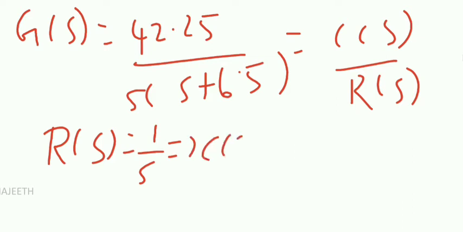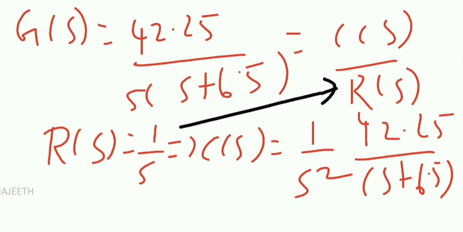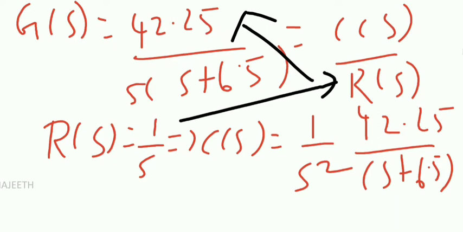I bring R of s to the right hand side and substitute 1 by s, so I get C of s equal to 1 by s squared into 42.25 divided by (s plus 6.5).